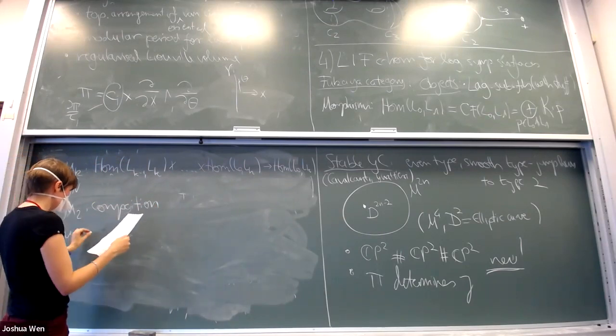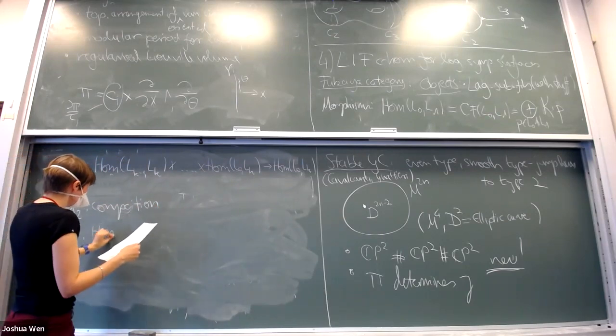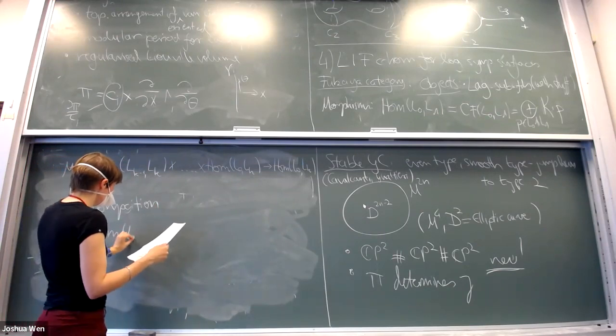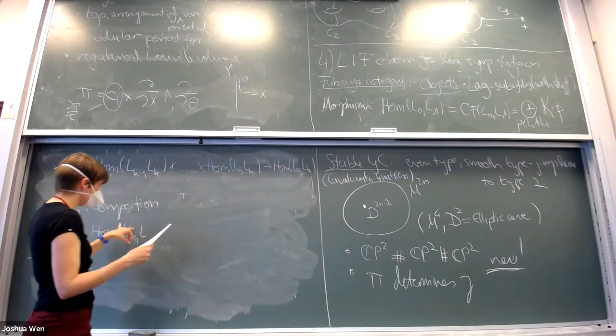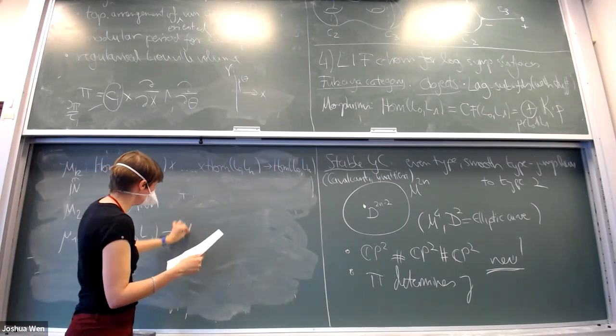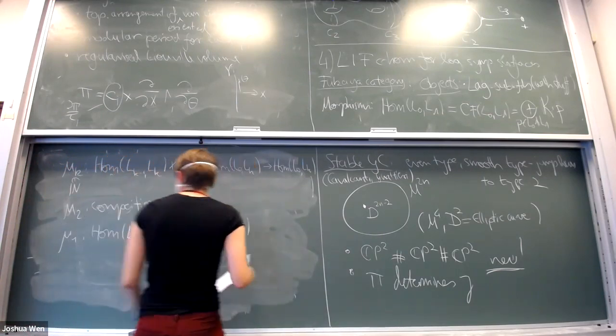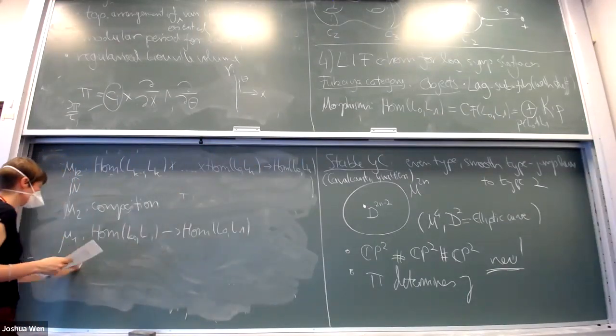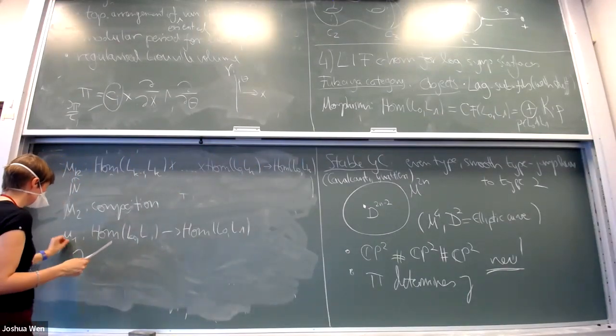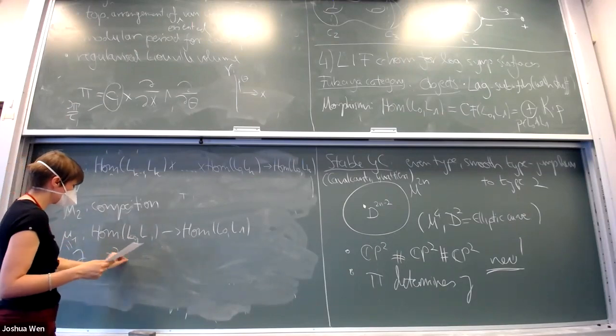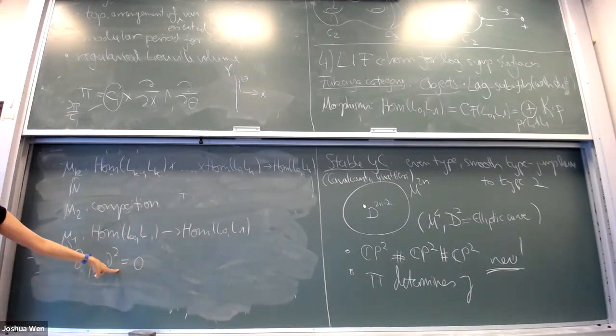So mu1 goes from the Floer complex of L0 and L1 to itself. And this is actually a differential, so this is usually denoted by del, and it squares to 0. This is a non-trivial condition.